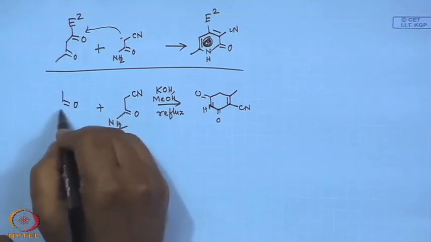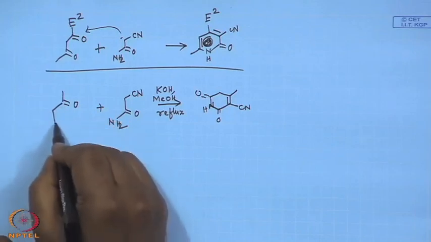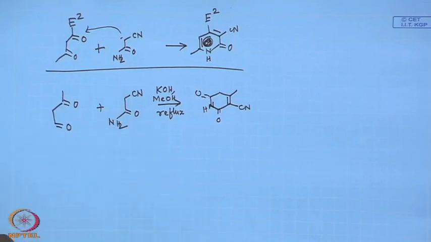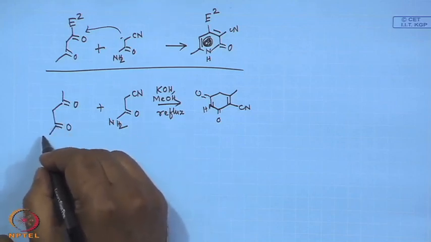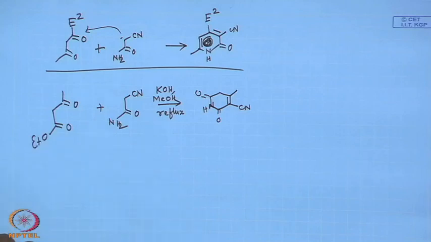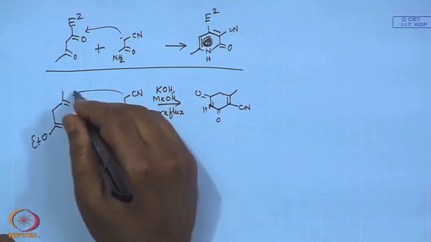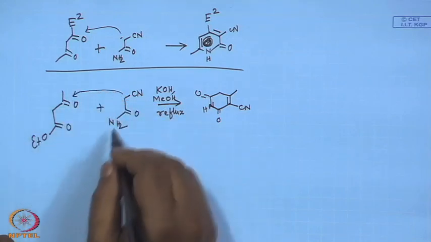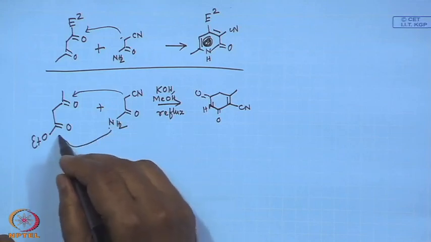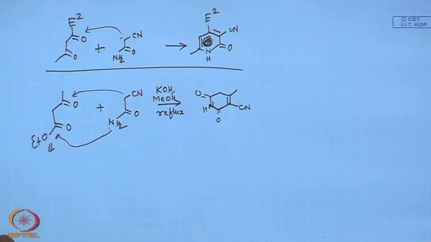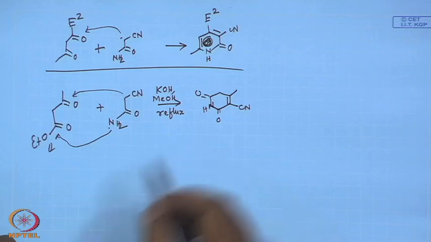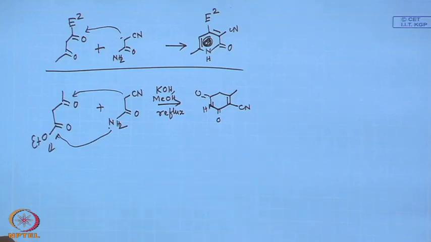If you take a 1,3-diketone, fine, and then this should be an ethyl ester. So, here you just get this condensation done, double bond, and then this carbonyl actually removes this, right. So, that gives you this one.